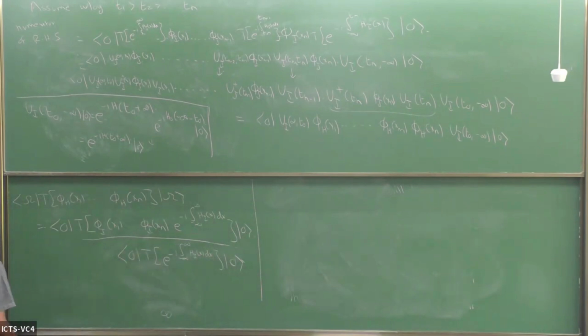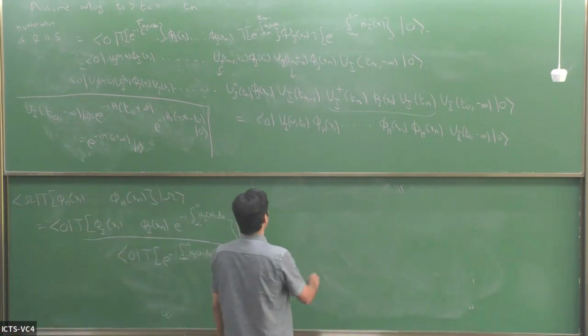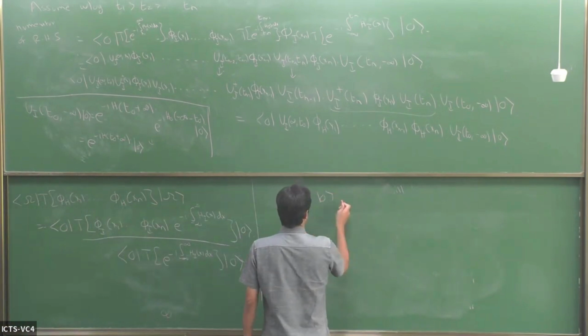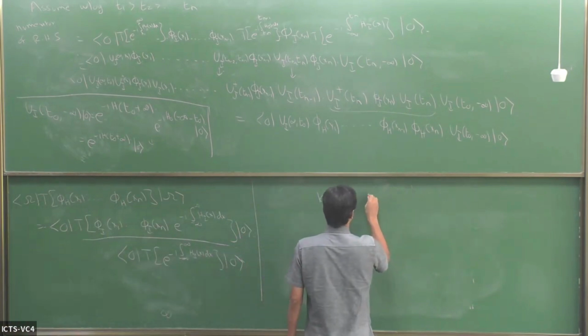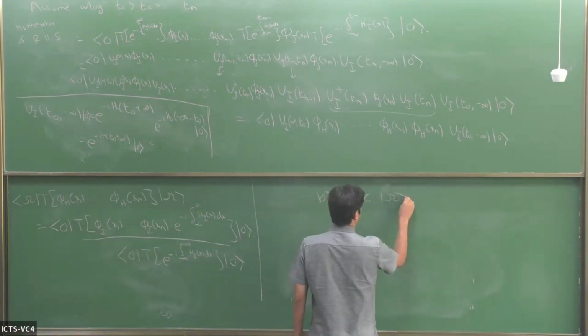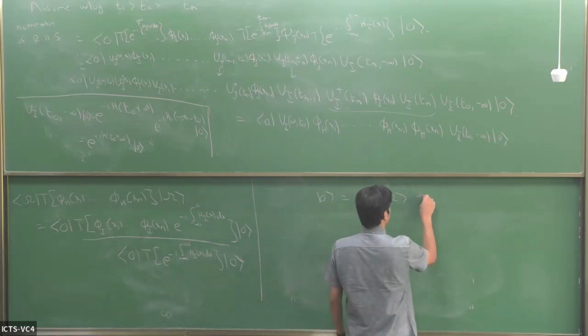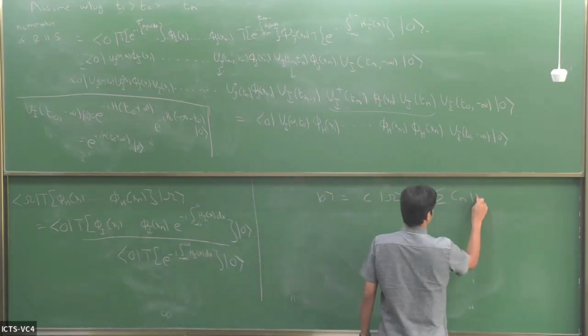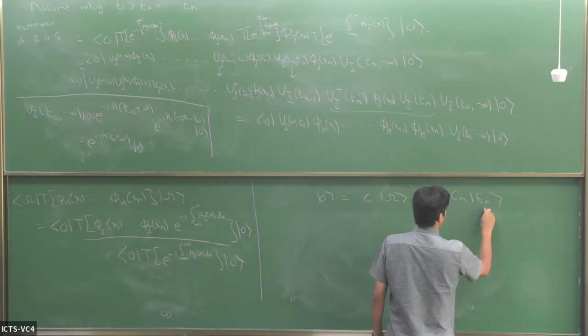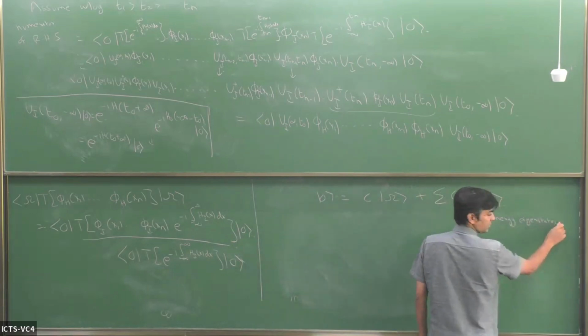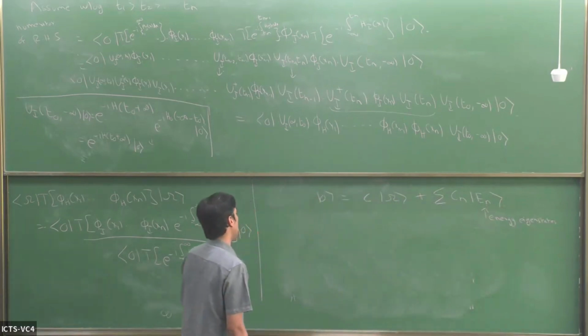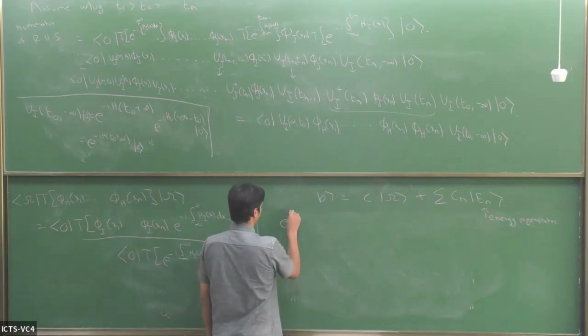However, it has some terms. So we can write 0 as some c times the vacuum, plus other terms; these are energy eigenstates, right? Now, what happens when we evolve with e to the minus i H on this term?